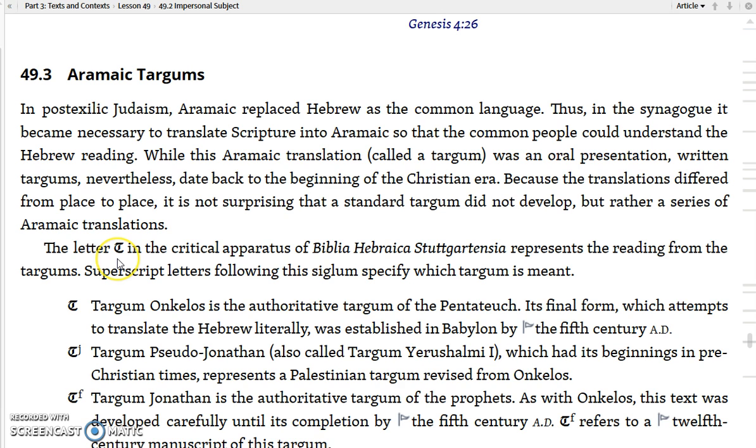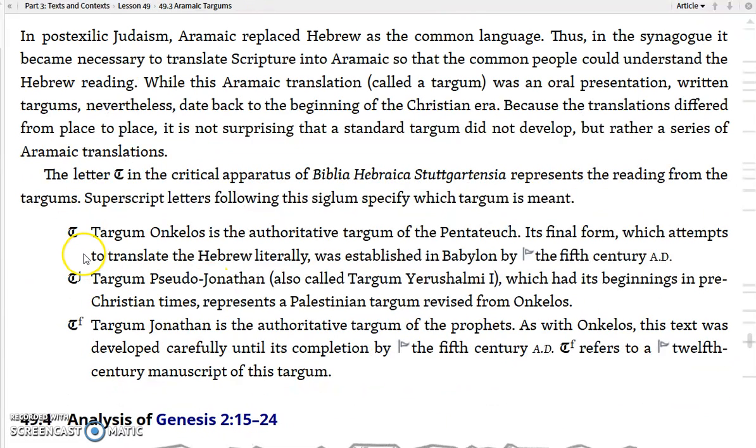The symbol, and you can tell me what that looks like to you, the symbol in the critical apparatus of Biblia Hebraica Stuttgartensia represents the reading from the Targums. And so if you see this symbol, that will be what is called the Targum Onkelos.